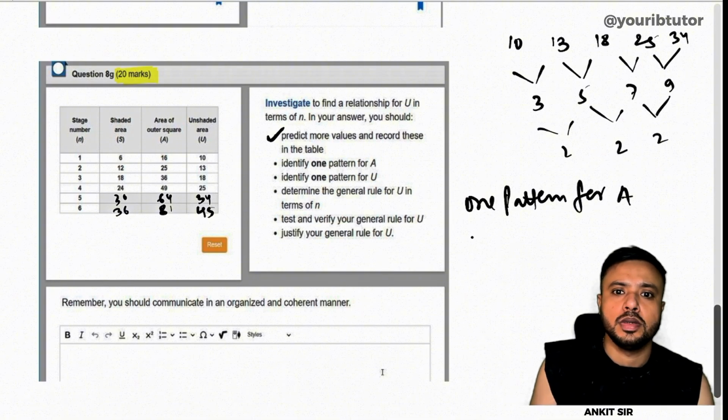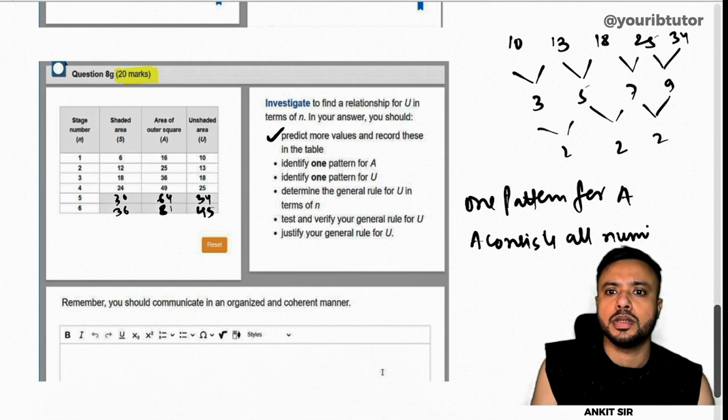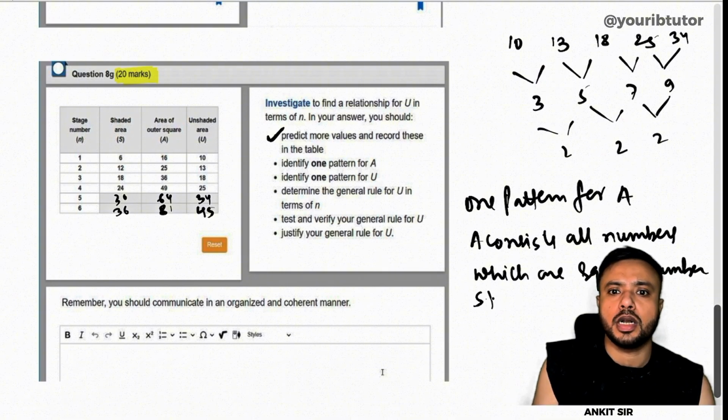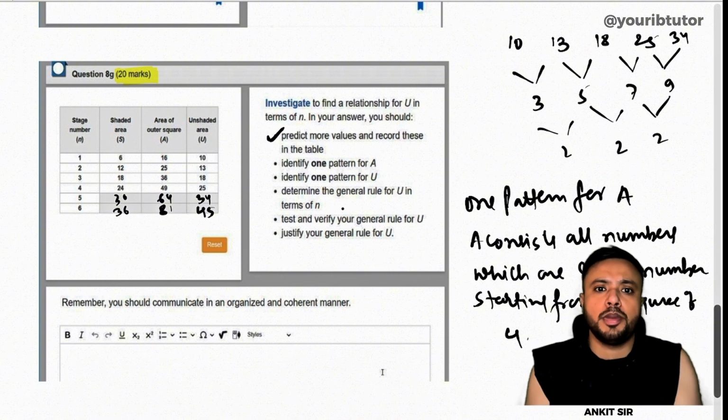So you can say A consists of all numbers which are square numbers starting from the square of 4. So identify one pattern of A is done.